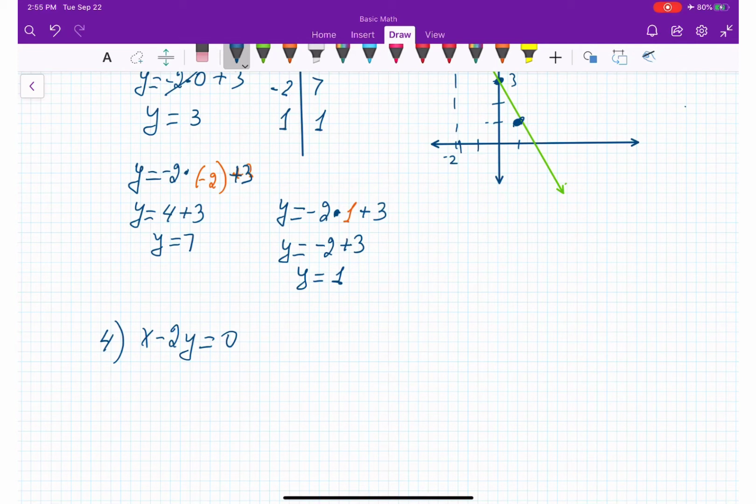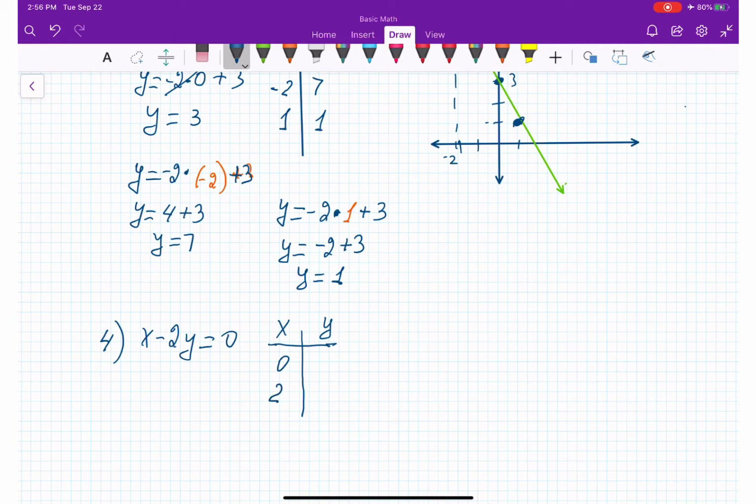So I would take 2 points, let's say, x and y. So x I will take 0. I like to test where it's crossing, the y-intercept. And I will take, let me see, positive 2. You can take any number you want.